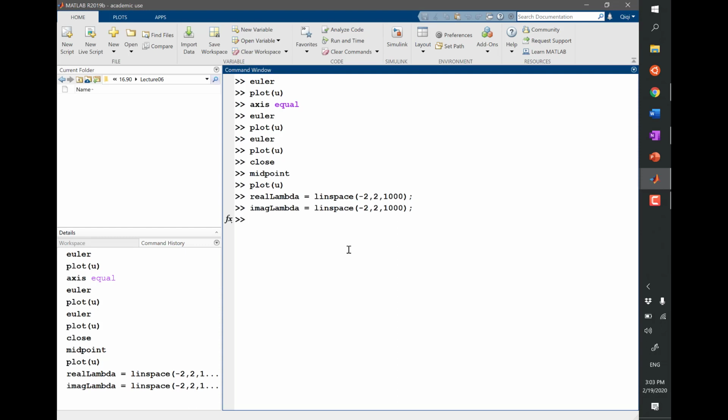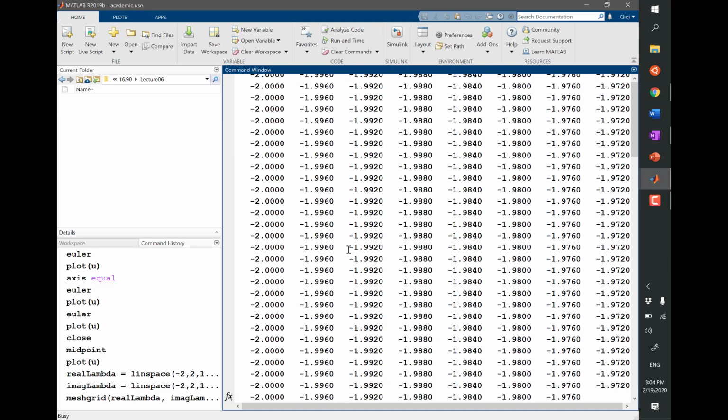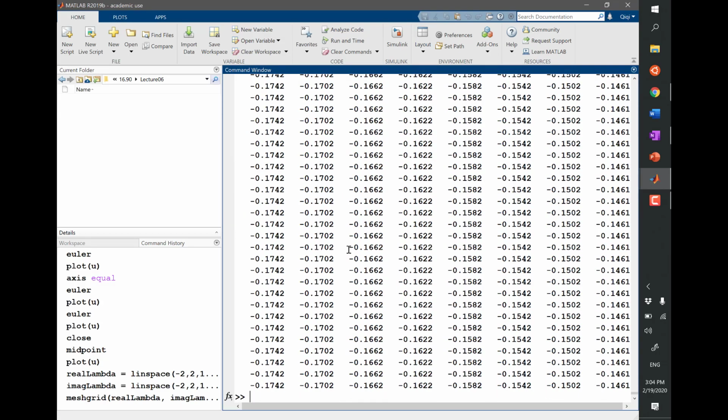And I think meshgrid is the function that takes the real lambda and the imaginary lambda and makes a 2-dimensional matrix that gives me all the possible combinations.